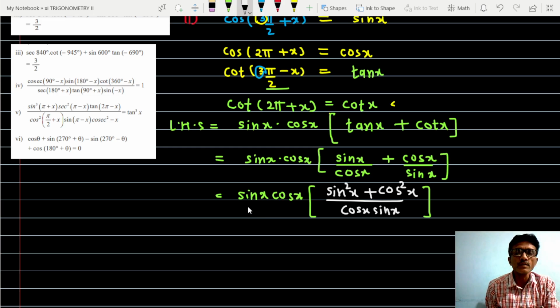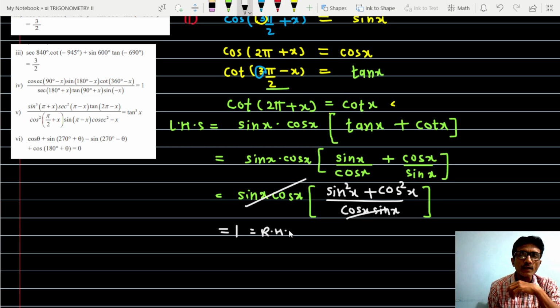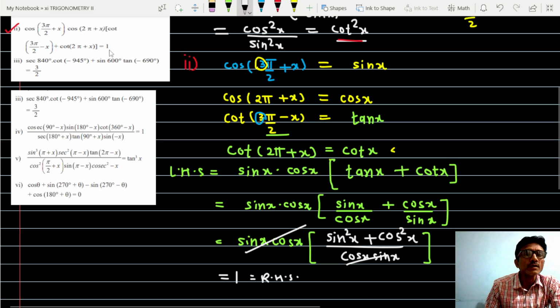So clearly this sin x into cos x और ये sin x into cos x कैंसिल होगा. sin square plus cos square give us 1 और ये राइट हैंड साइड आपको शो करना है RHS. Yes. So we want to show it is equal to what? 1. See here it is equal to what? 1.